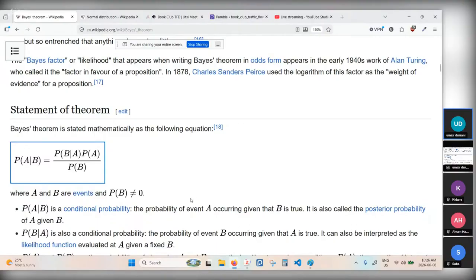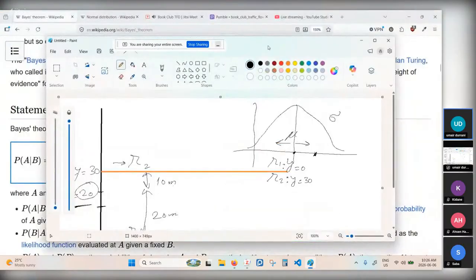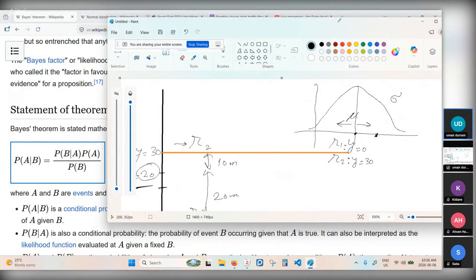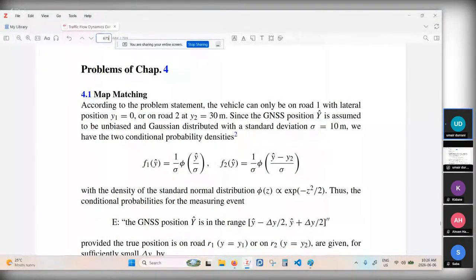Now, considering this from the lens of no prior information, we can rephrase this formula as the probability of the hypothesis given the evidence. Because what we are looking for is, let me go back to the question first.